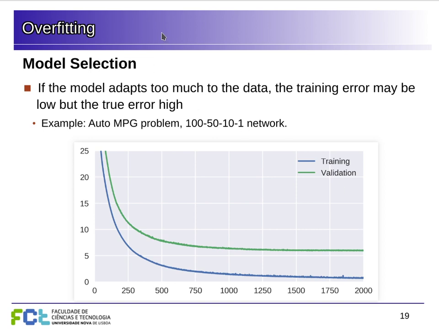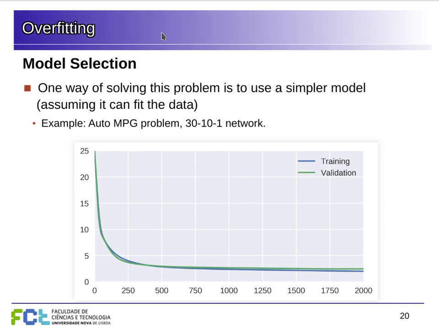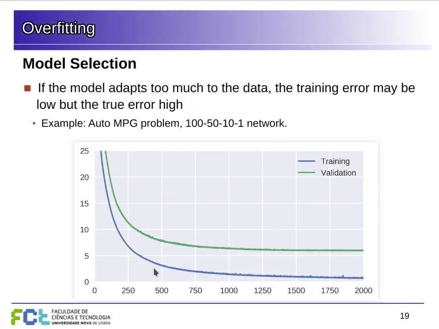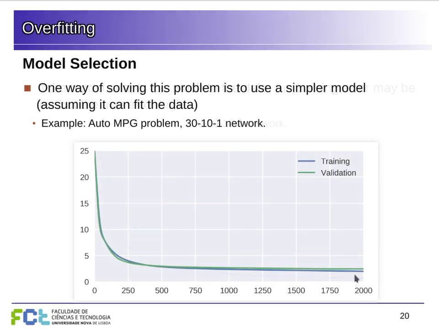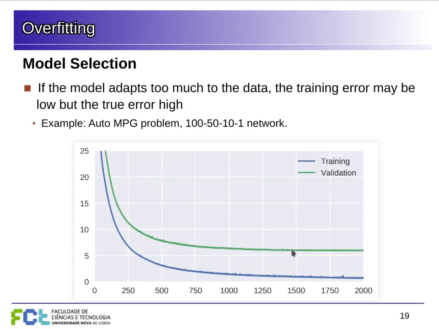I could try to tweak the model a bit, and if I use a 30 neuron, 10 neuron, 1 neuron network, I actually get better results on the validation set. So you see here the vertical scale is the same, and even though the training error now is considerably higher, the validation error now is very close to the training error, and it's much lower than what I had before.